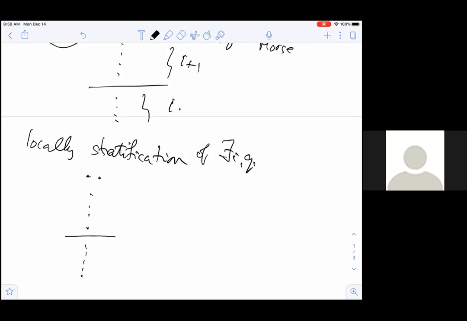And what you can do is move these two critical values relative to each other. So the two critical values actually give you a local function to the reals, which is the difference of the critical values.